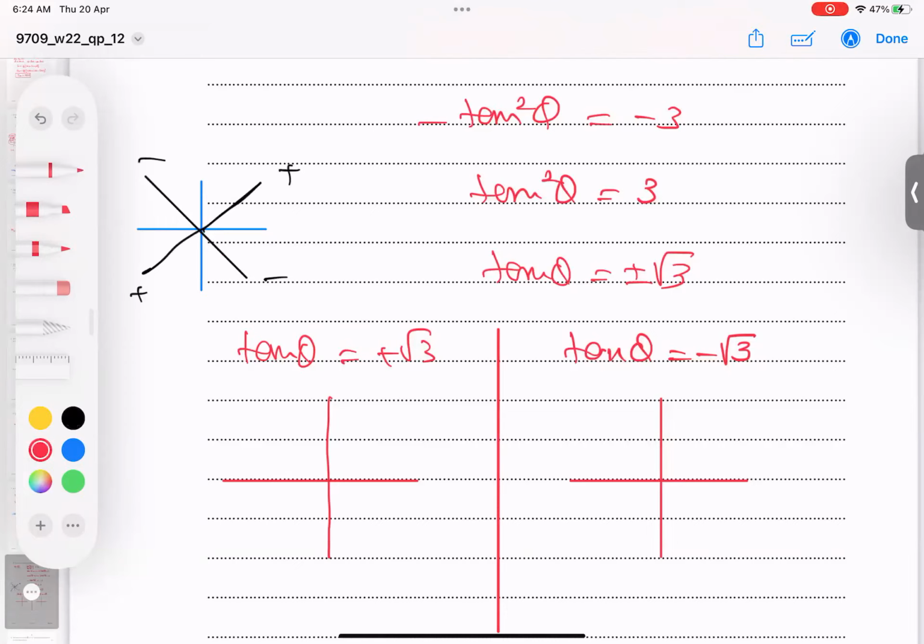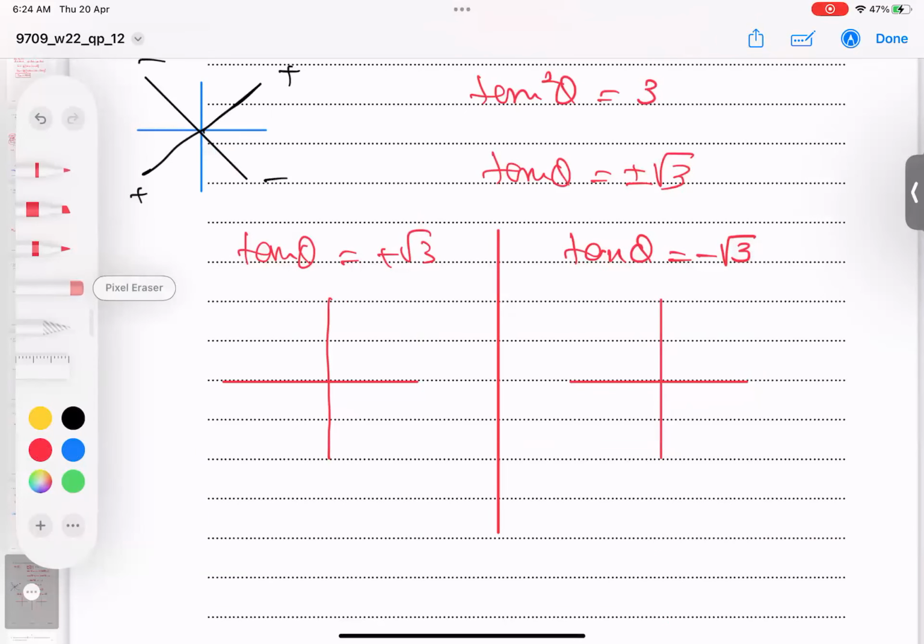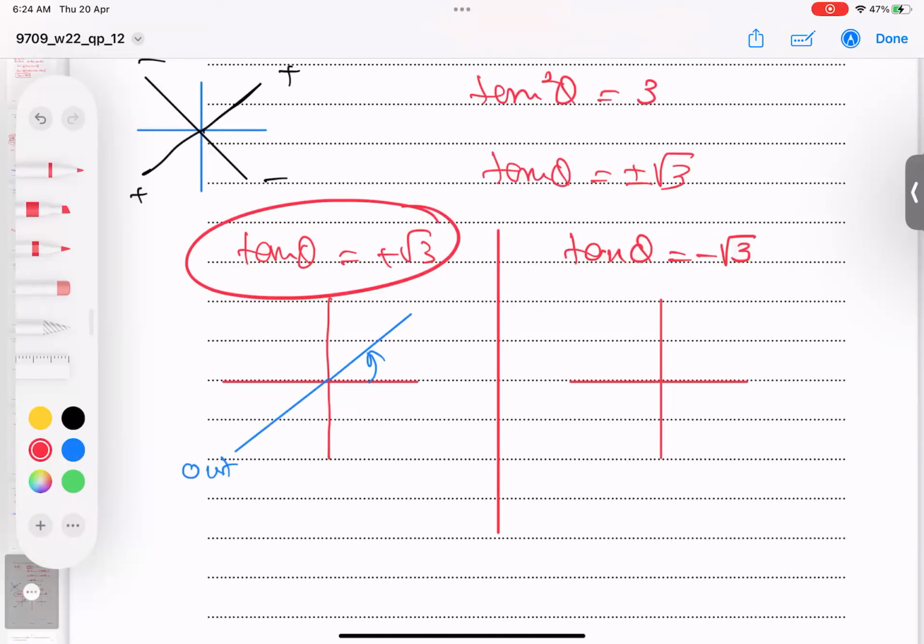So because this is positive, it is the first and third quadrant. I'm making a blue line, one here and one here. But this is out of range, and this is my answer. So I will take alpha. What is alpha? Alpha is the principal angle, and tan will go there.